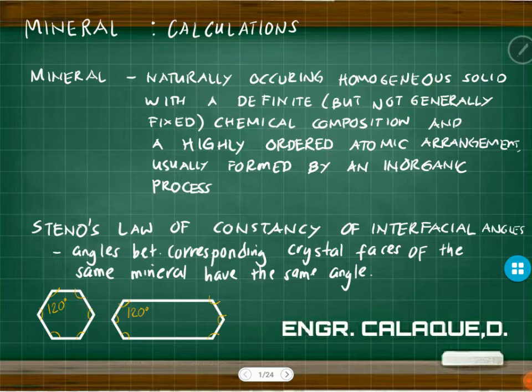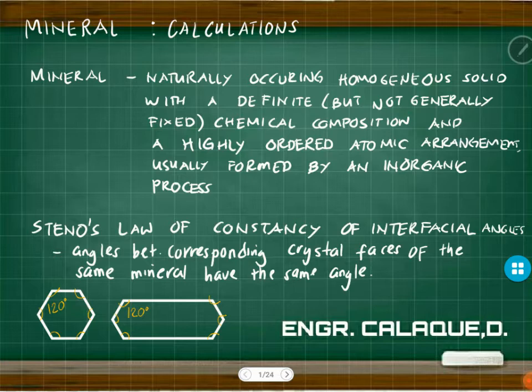Okay? So aside from that, we have also Steno's law of constancy of interfacial angles. We are concerned here with the crystal phases of the minerals, because every phase of a mineral has numbers and calculation.